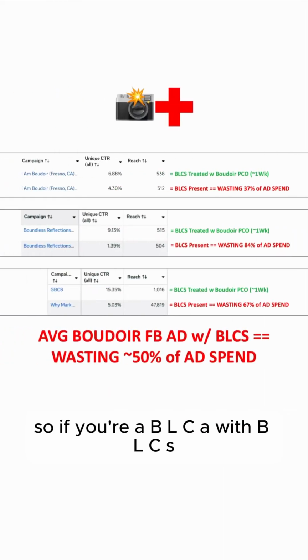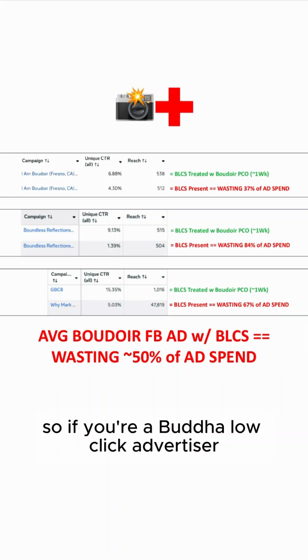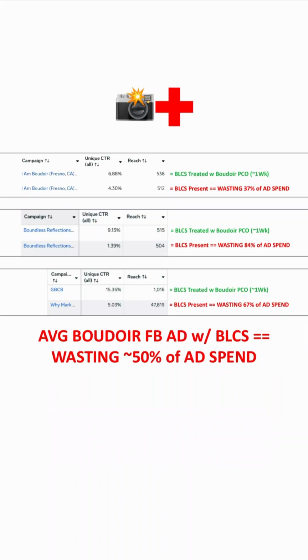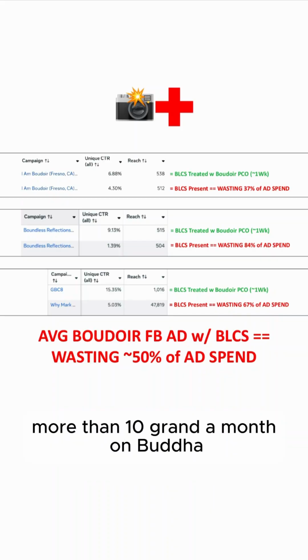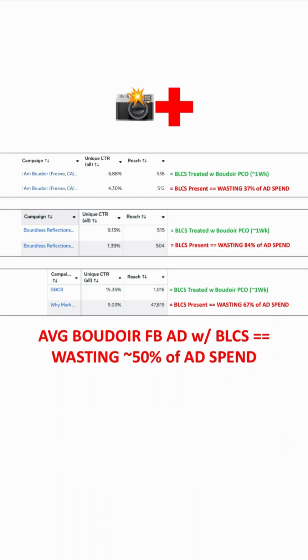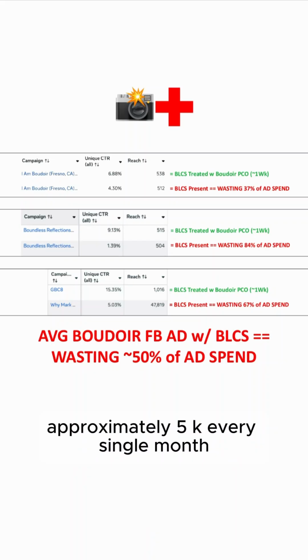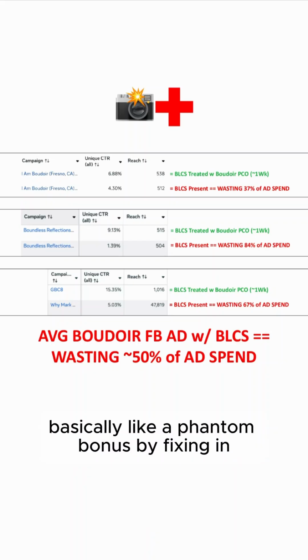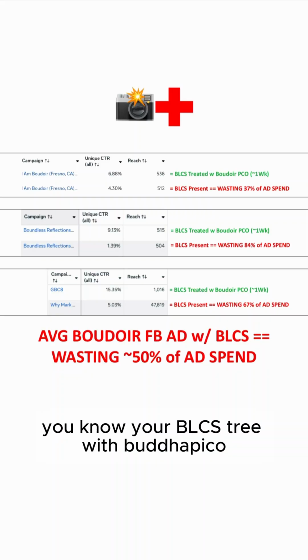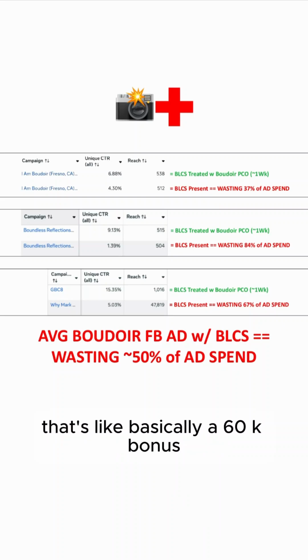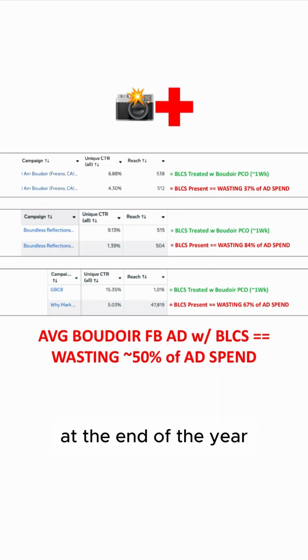So if you're a BLCA with BLCS, so if you're a Boudoir low click advertiser with Boudoir low click syndrome, and you're spending more than 10 grand a month on Boudoir Facebook ads, and you want to save, eliminate, put back in your pocket approximately 5K every single month, basically like a phantom bonus by fixing your BLCS trio with Boudoir Pico. That's like basically a 60K bonus at the end of the year.